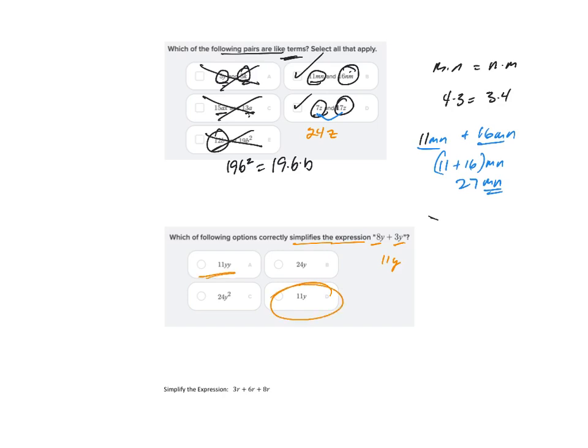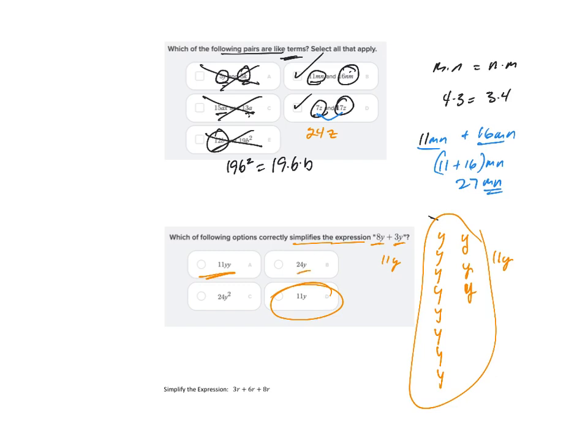The mistake here would have been somebody not understanding that the y's don't multiply. So really what we're saying is you have 8 y's, 1, 2, 3, 4, 5, 6, 7, 8, and then you have 3 y's. How many y's do you have altogether? Well, there's 11 y's.